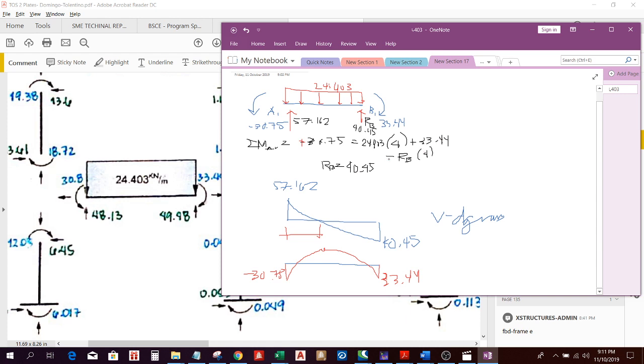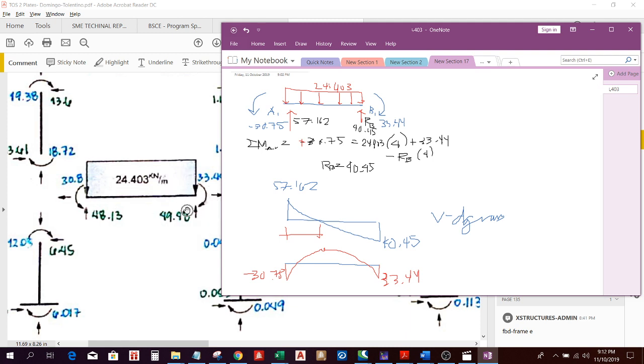24.403 minus 24.403 plus 4 minus 33.44, divided by 4. And I'm getting 25.